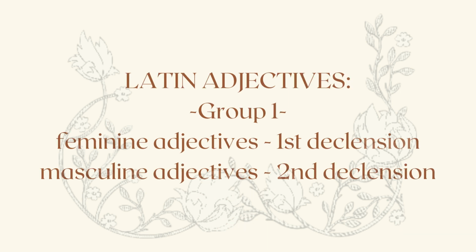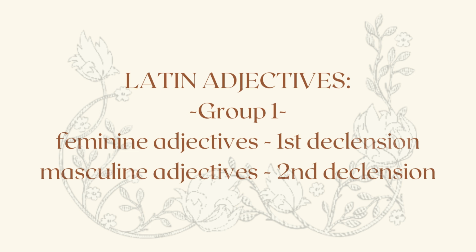For example, dolorosa is declined like Regina. Within that same group of adjectives, masculine adjectives are declined in the same way as second declension masculine nouns. So this new paradigm that you've learned for the nouns can also be applied to masculine adjectives.